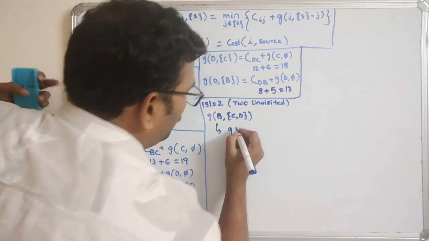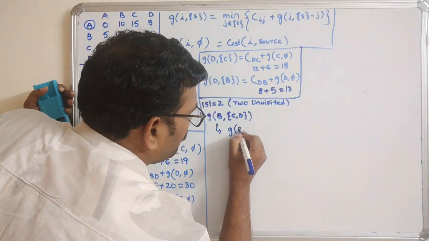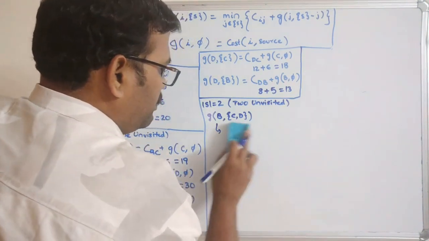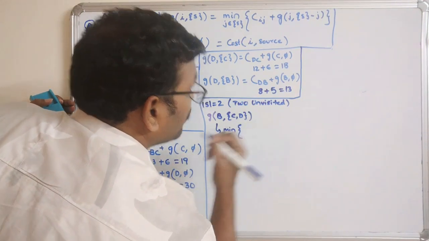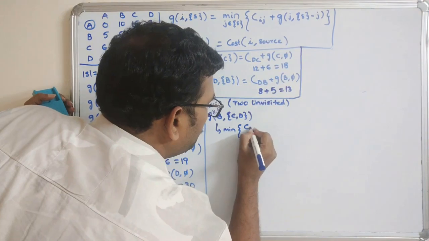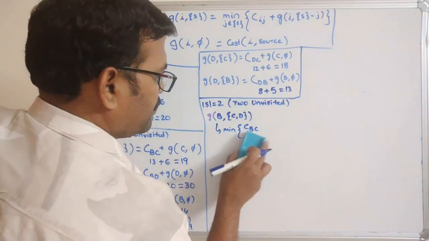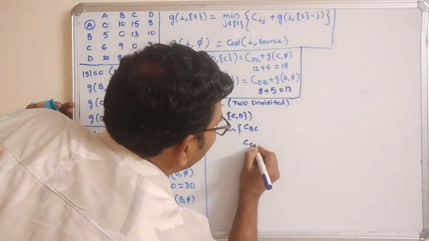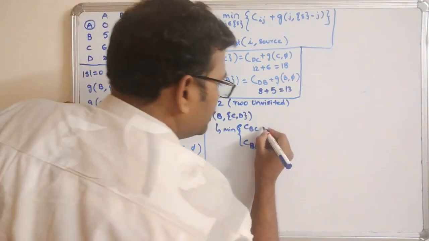So how can we write? G of B, C D equals minimum of cost of BC, cost of BD. These two are the possibilities.